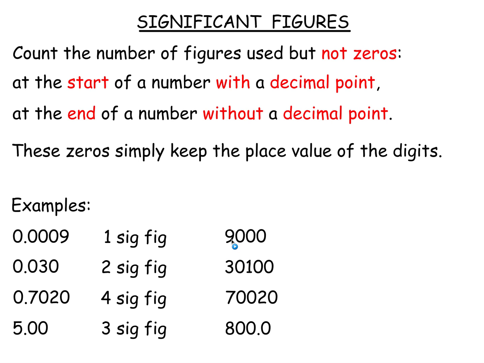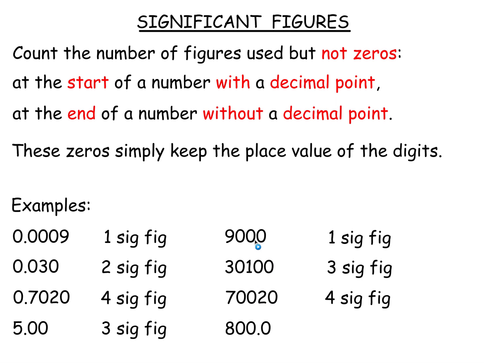Here, one significant figure, the zeros at the end of the whole number aren't telling you about accuracy, it's just saying no units, no tens, no hundreds. This is 9,000. One significant figure. Here, the zeros at the end don't count as being significant, three significant figures. Here the 0 at the end doesn't count, it's got four significant figures.